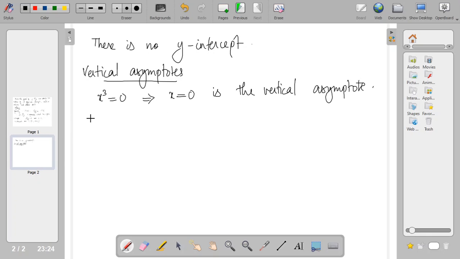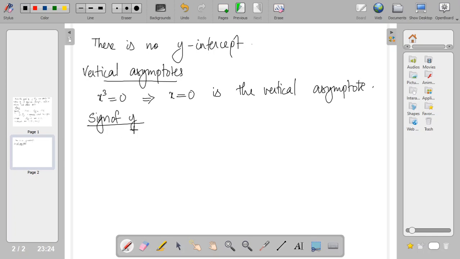And next we will look at the sign of y. Now y changes sign at the intercepts. We got the x intercepts, and at an x intercept the y value is 0, so the graph basically changes sign at the intercepts or the asymptotes.